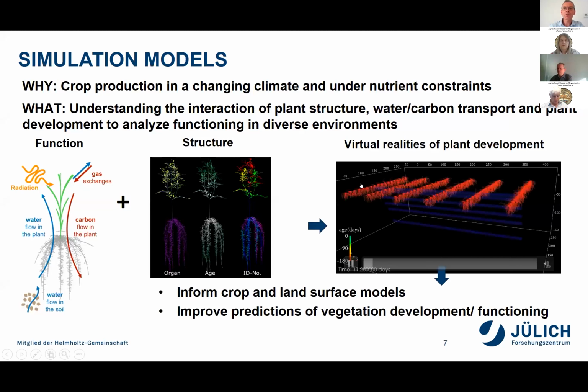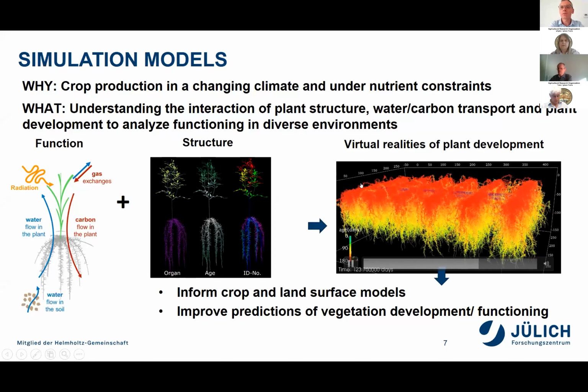So we can use this model then to generate virtual realities of plant development, which can then be used to improve crop and land surface models that allow predictions of vegetation development and functioning in changing environmental conditions and climate conditions.